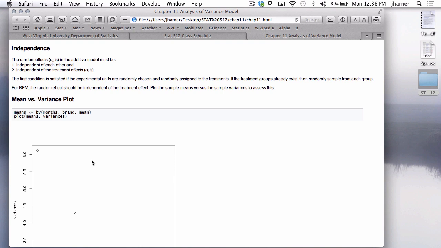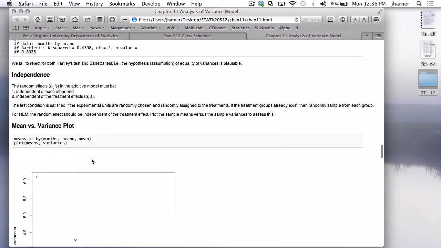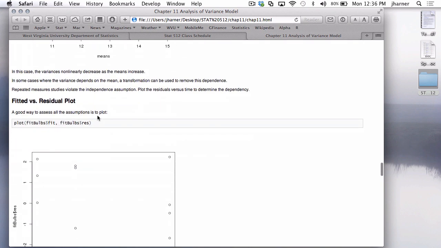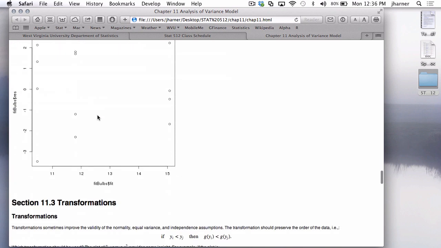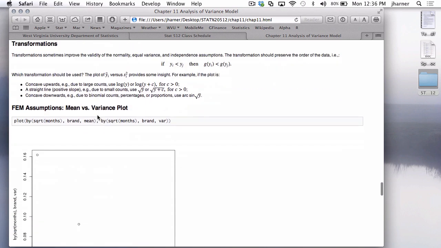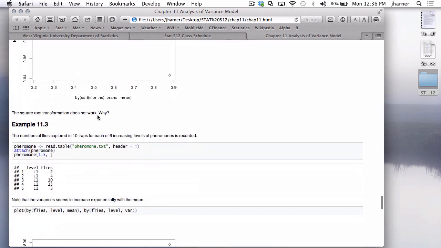But sometimes it does, and so you may have to take corrective action if that is the case. You may have to use a transformation at that point, and there's an initial discussion of transformations here.